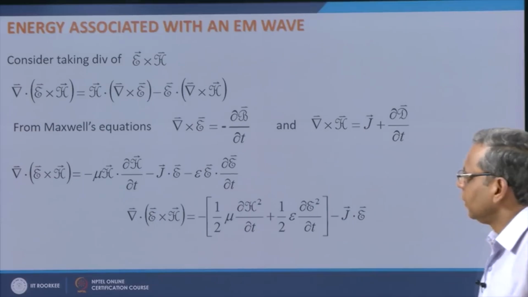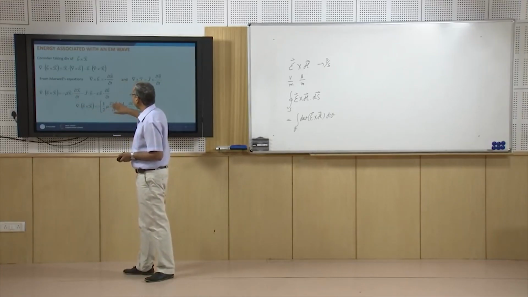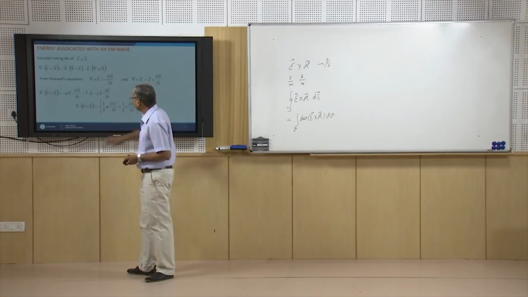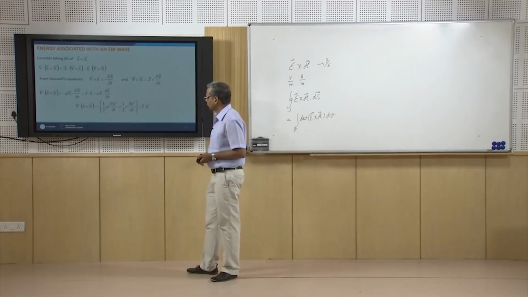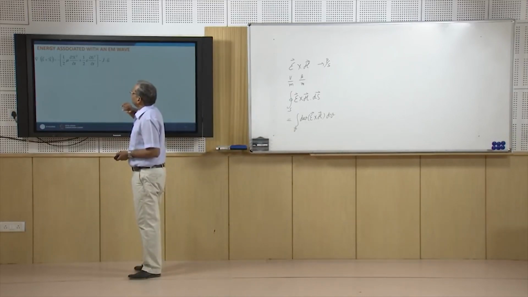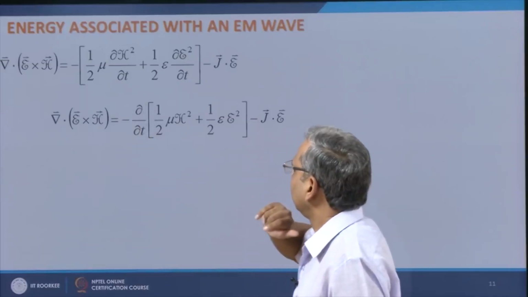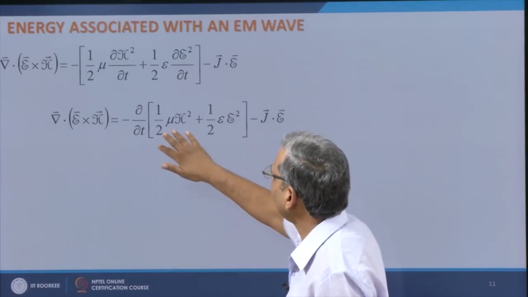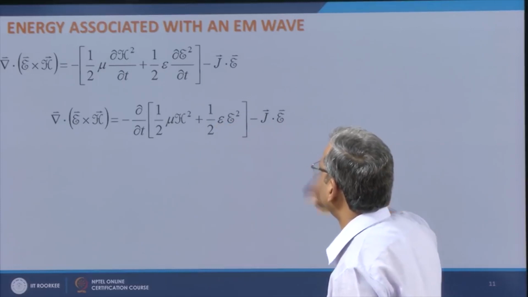H times del H over del t can be written as half of del H squared over del t. So, taking del t outside, it is minus del over del t of half mu H squared plus half epsilon E squared, minus J dot E.